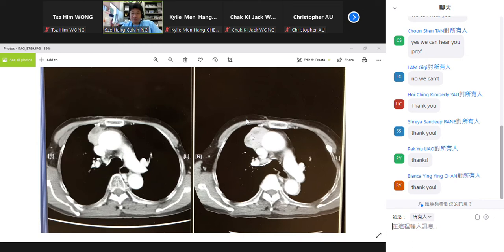So there's no harm if it comes back to be a thymoma, if you biopsy it. It's just that we don't biopsy every thymoma because that's just a kind of waste of resources. So if you feel that it could be a lymphoma based on LDH, based on its CT report, you can biopsy it. Comes back as a thymoma, it's no problem. You haven't really done any harm. Just refer the patient to the CTS surgeon to have surgery, total thymectomy. Yeah.